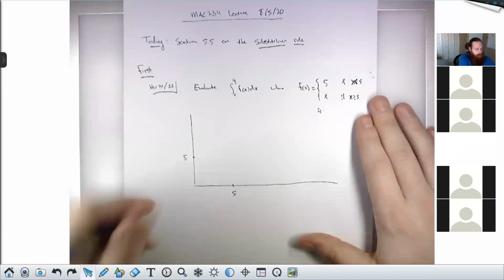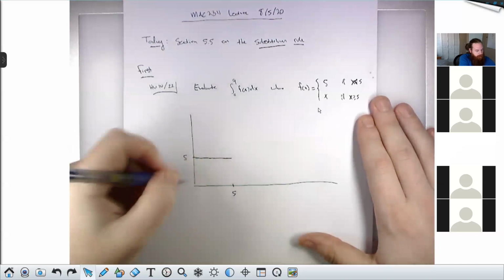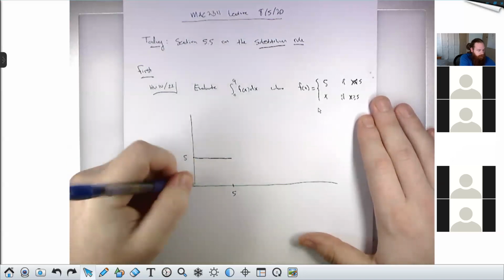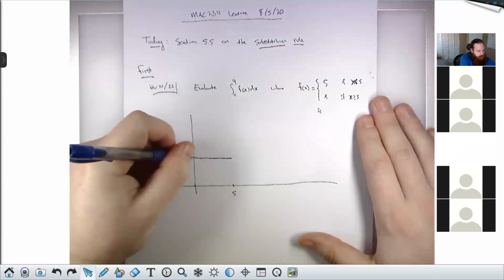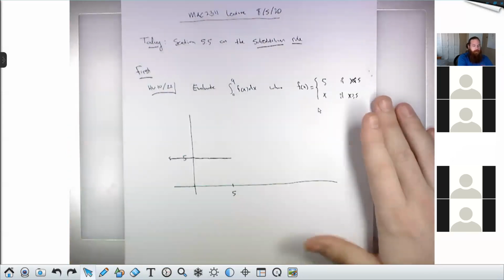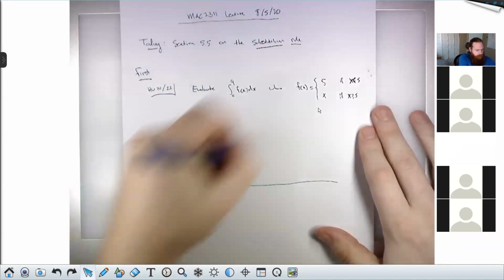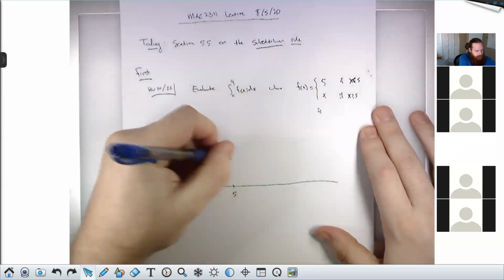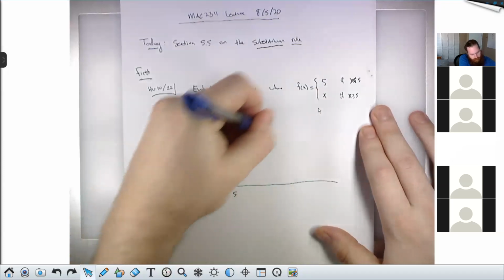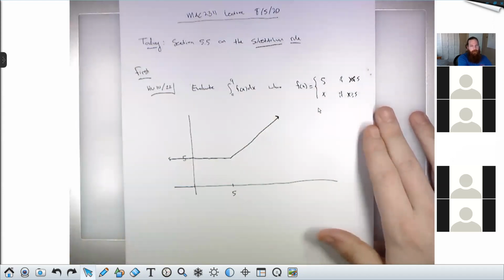For x less than 5, this is the constant function 5, and it would continue over here like this. And if x is bigger than 5, it acts like the linear function f of x equals x, so that's like this. So this is my guy.